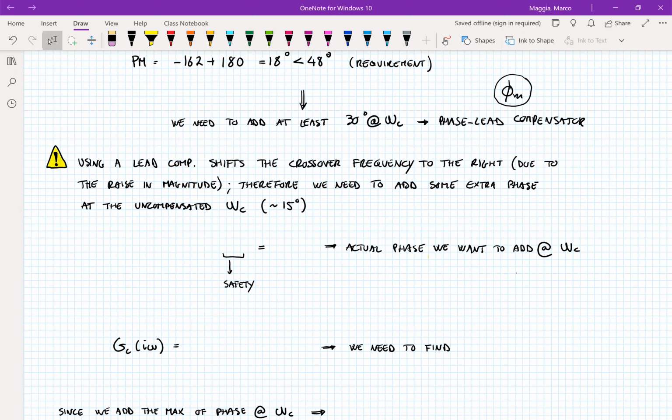So what you should do is add a sort of safety phase, maybe 15 degrees, so that you have an overall maximum addition of 45 degrees. So this is the actual phase that we want to add at our old omega c.